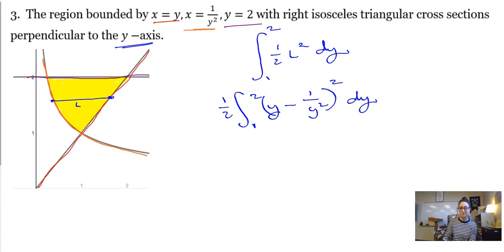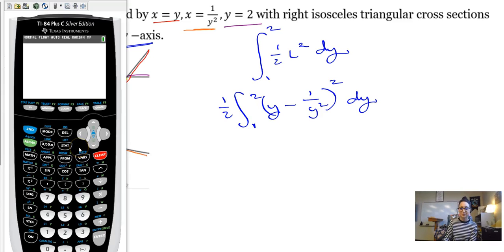So let me show you how to plug this in. Remember, your calculator doesn't really know the difference on the home screen whether it's an X or a Y. I wouldn't do these in Y1 because that could get a little confusing, but I'm going to go alpha y equals enter and grab my 1/2, and then I'm going to go math 9. So A is 1, B is 2, open up another set of parentheses, and again, it's a dummy variable at this point.